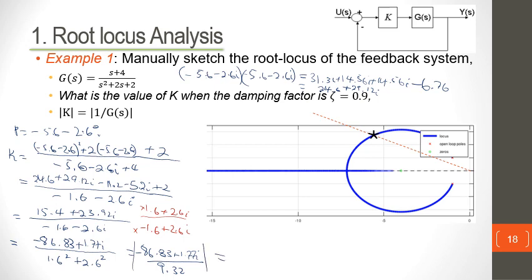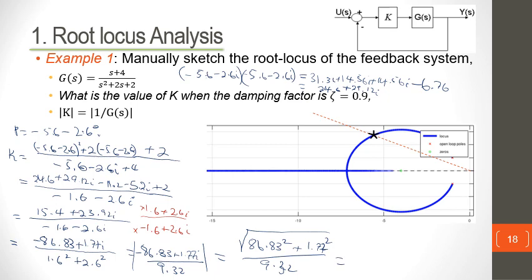Now if you take the magnitude of this, remember the magnitude of a complex number is the square root of the real part squared plus the imaginary part squared, here 1.77 squared, over 9.32.